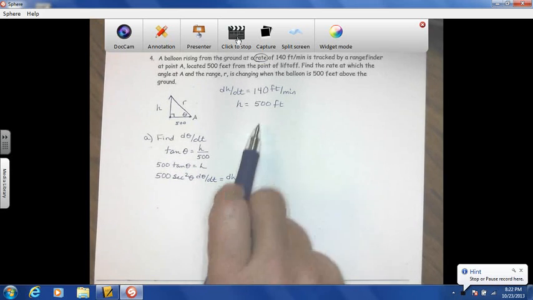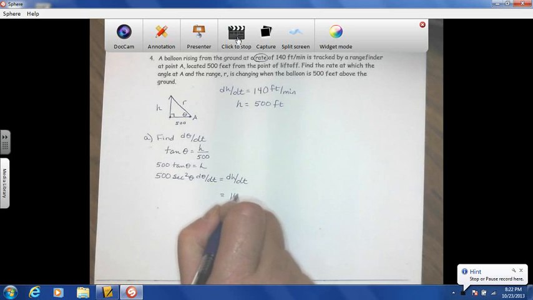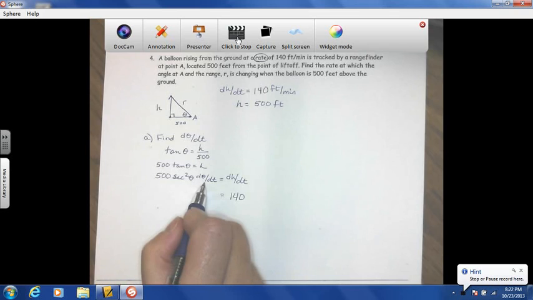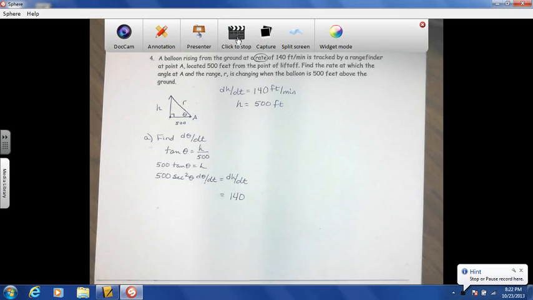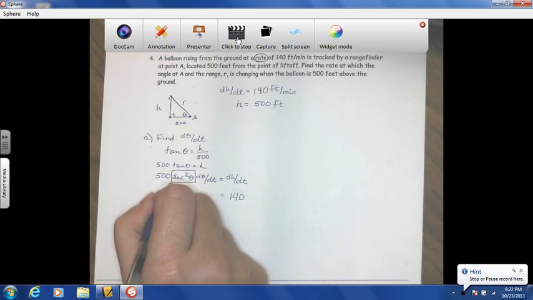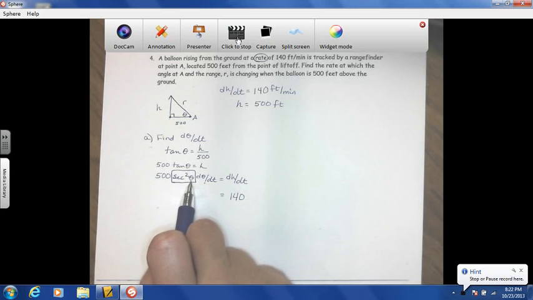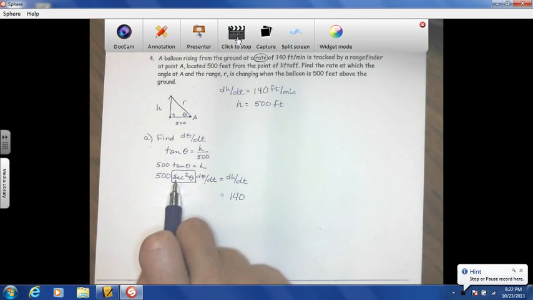Now, looking back up at our givens, we know that dh dt is 140. We know that we're trying to find d theta dt, but the question is, how do we find secant squared theta? Now, the trick to this is to recognize that we don't actually have to know the angle measure to find this. All we need to know is the secant of the angle.